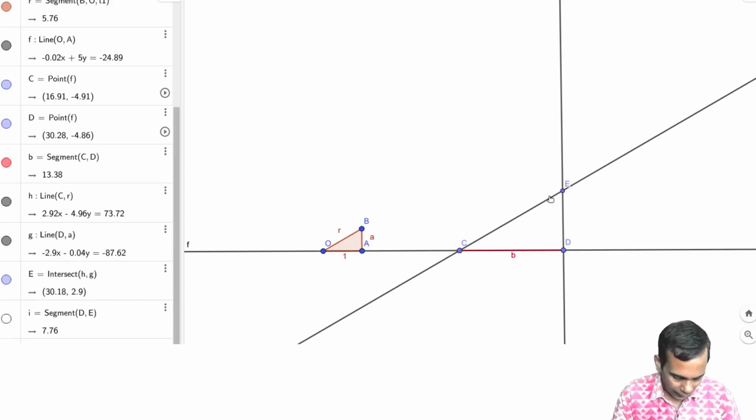And so if you ask what is the length of the line segment ED, then ED divided by b is the same as the line segment AB divided by 1. So that means that the line segment ED has length a times b. And so given a and b, we've constructed the product ab.